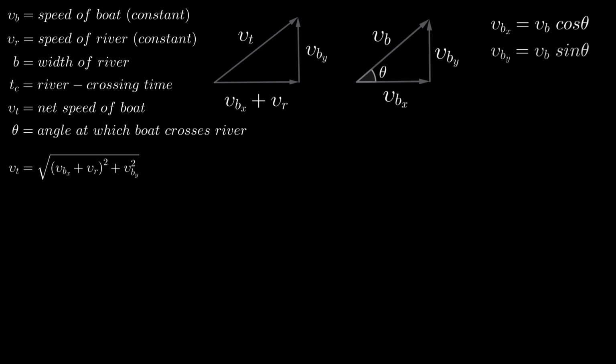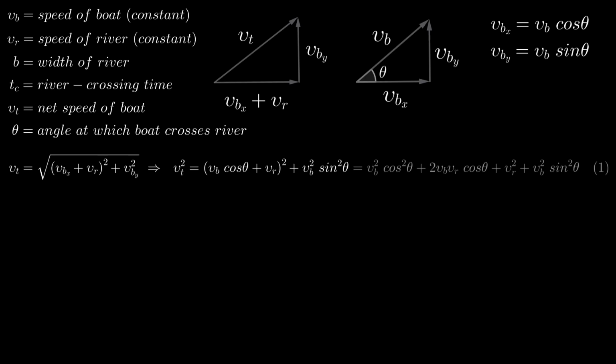And U_By equals U_B times sine of theta. We plug these two expressions into our first equation, and we get U_T squared equals (U_B times cosine of theta plus U_R) squared plus U_B squared times sine squared theta, which is U_B squared times cosine squared theta plus 2 times U_B times U_R times cosine of theta plus U_R squared plus U_B squared times sine squared theta. So that's U_T.